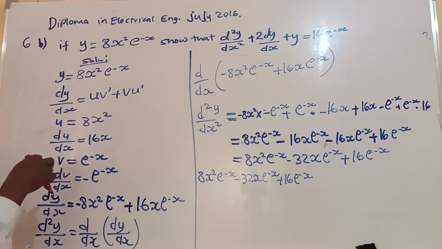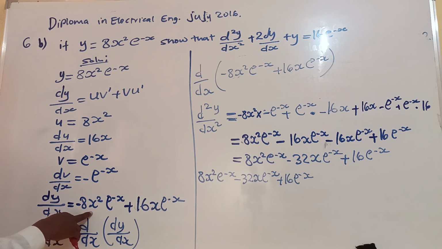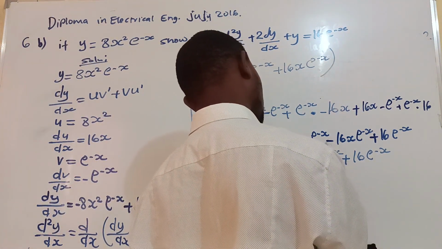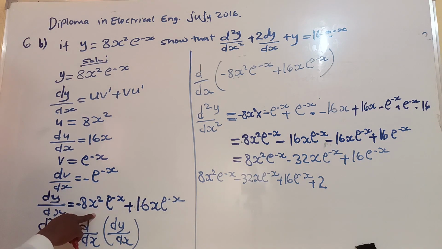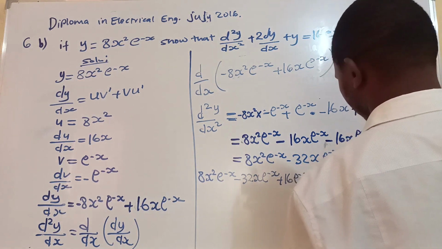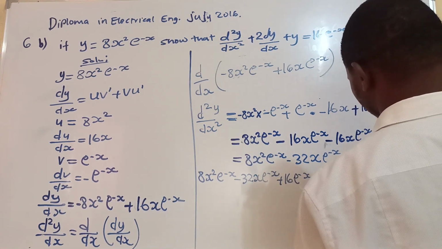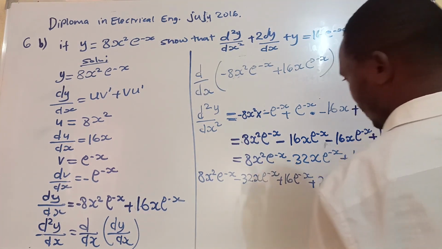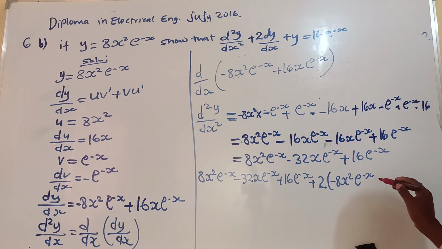I'll take the first order, this one, and multiply it with 2, plus twice of this: negative 8x squared exponential negative x, plus 16x exponential negative x.